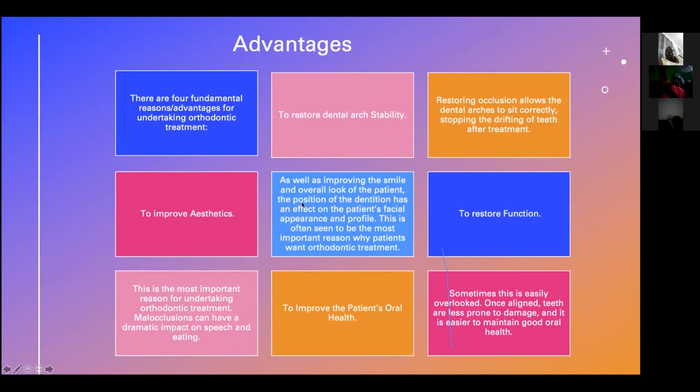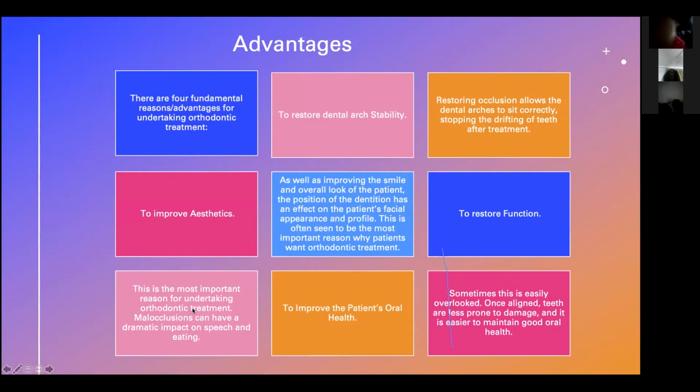So when we looked at the skeletal profile of class 1, class 2, and class 3, if you looked at a patient who has got teeth protruding, obviously it's not aesthetically pleasing. And sometimes, even for young children and teenagers growing up, this can be a bit of an inconvenience because they may get bullied at school. So there are socio-economic implications to not having a normal malocclusion or normal dentition.